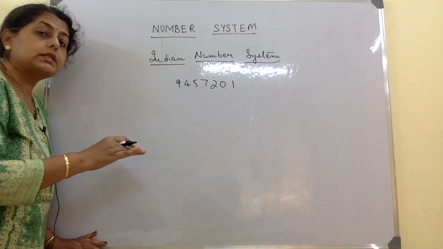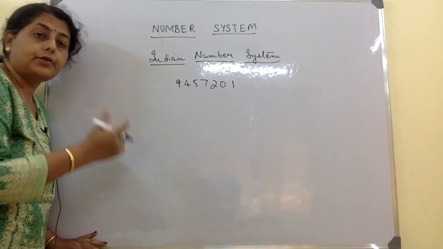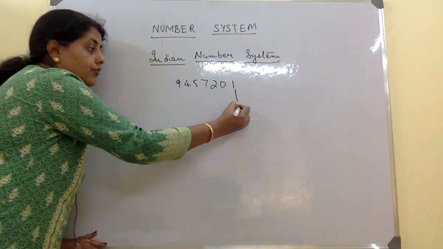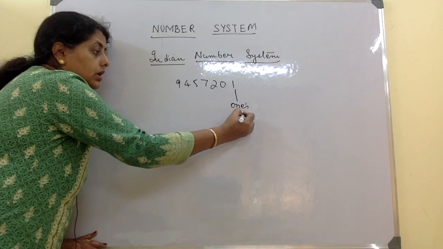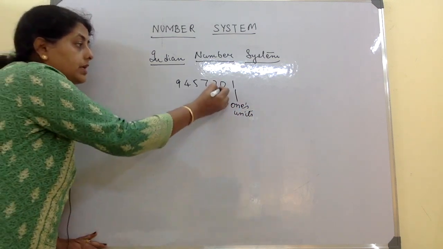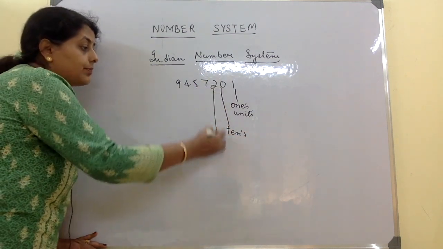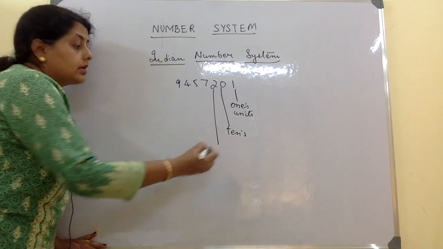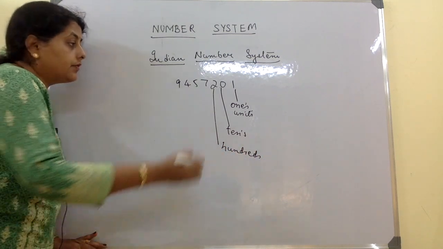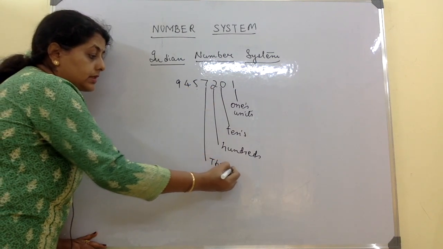Every place has its own value. Starting from the right, the first place is the ones place or the units place. The second place is the tens place. The third place is the hundreds place. The fourth place is the thousands place.